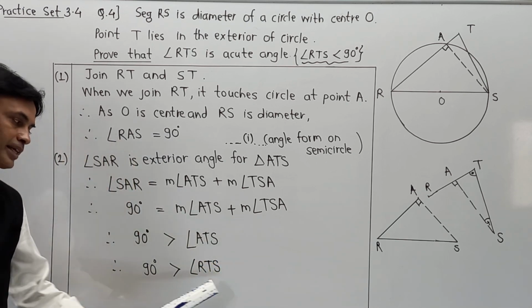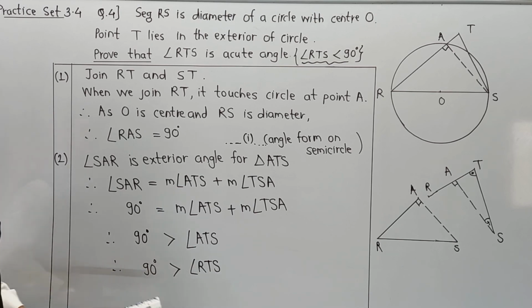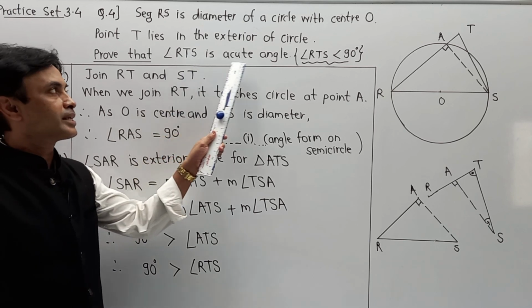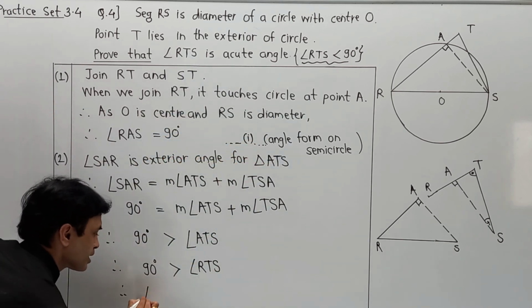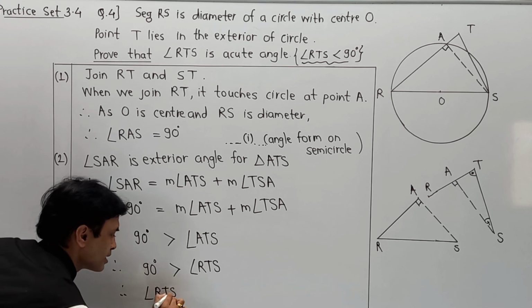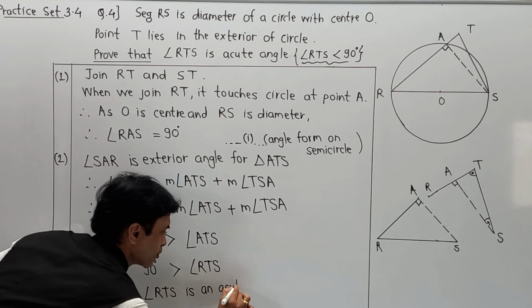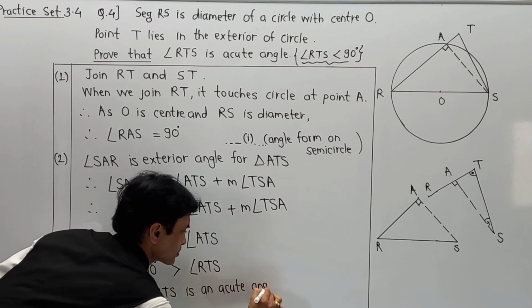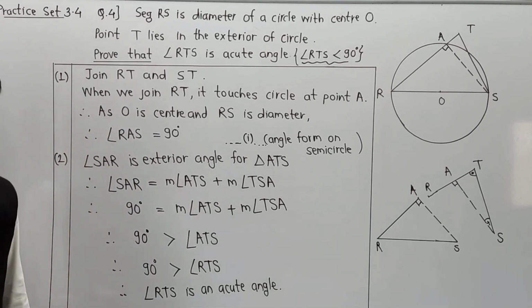Naturally, angle RTS is less than 90 degrees. We can say that angle RTS is an acute angle. Therefore, angle RTS is an acute angle. And in this way, you can complete your proof.